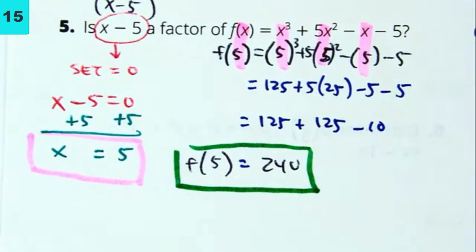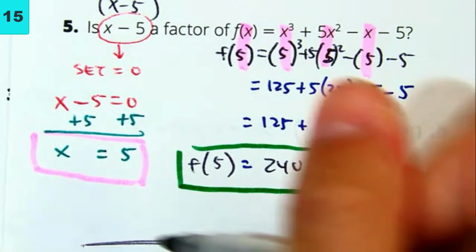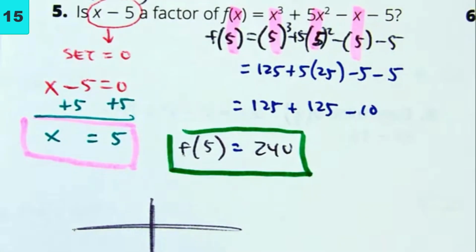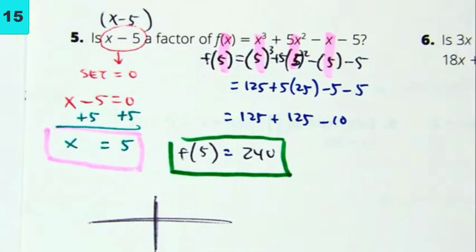So let's draw a sketch. Put your finger on the degree of the polynomial. Show your partner. Give a head nod. Partner A, tell partner B, what does it tell you about the arrows? Ready, set, go.